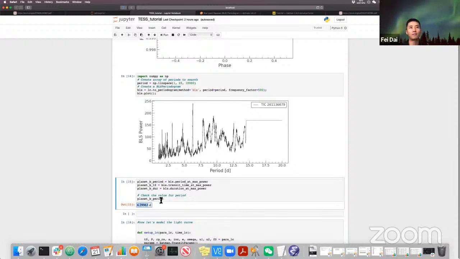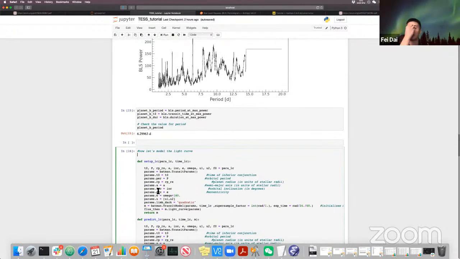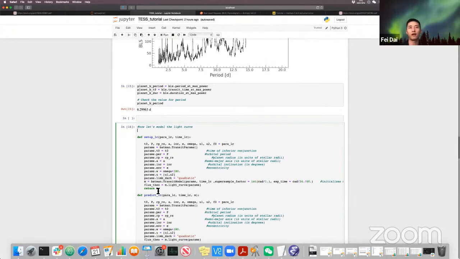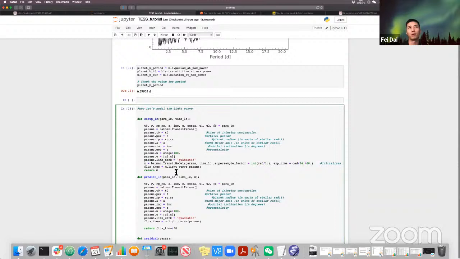So the next step is to ask, okay, there may be a signal here. Is it a robust planet signal? To do that, we actually have to model the light curve more carefully. Here, I'm writing a bunch of functions that compute how the transit light curve will look given the Batman model.